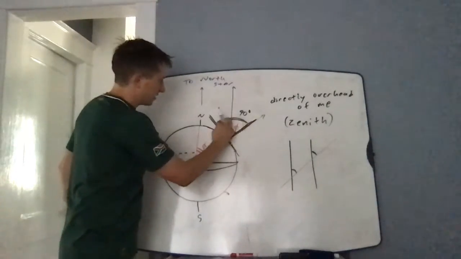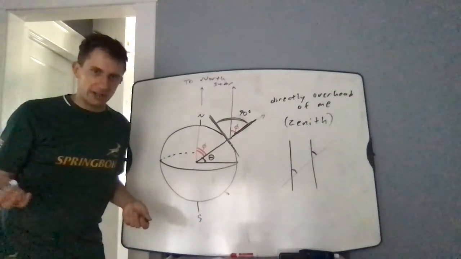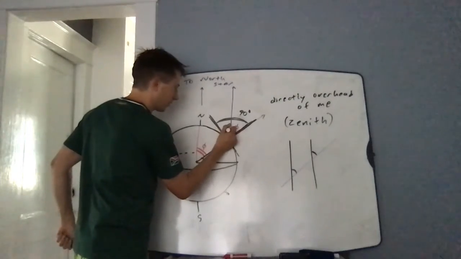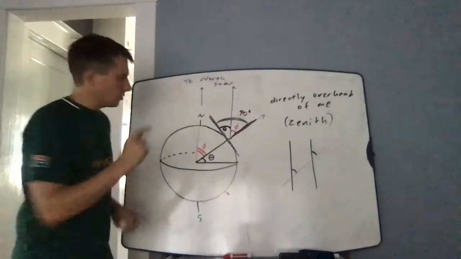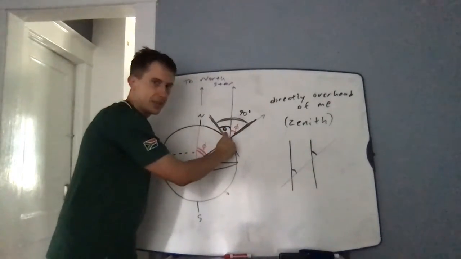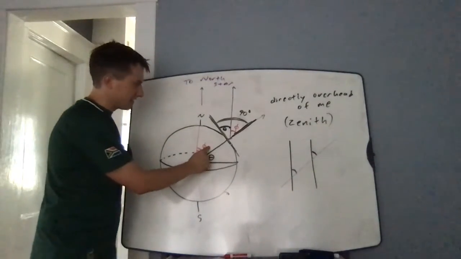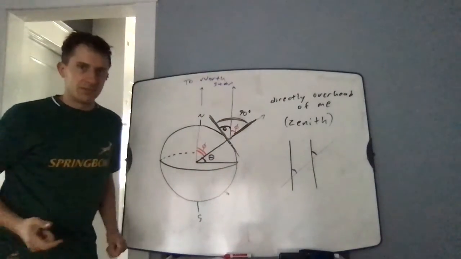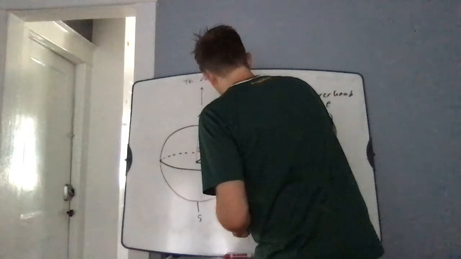So if this is 90 degrees in total, and this is this angle phi, which I do not know what it is, that's okay, because therefore this angle over here must be theta. I don't know what either angle is, but I know they must add up to 90 degrees. And if theta plus phi is 90, and this is phi, and this entire angle is 90, this must be theta.